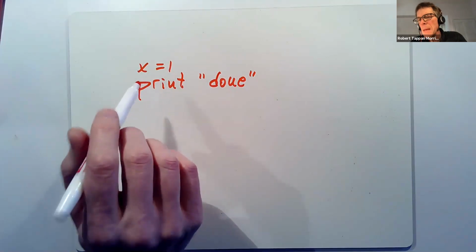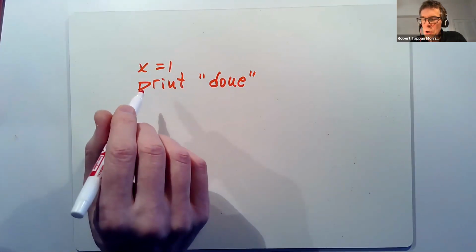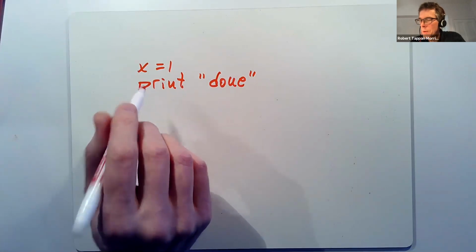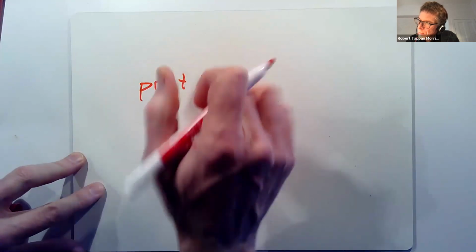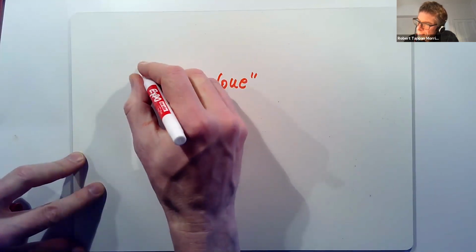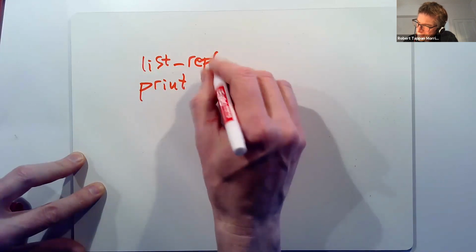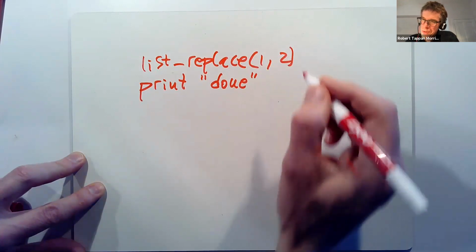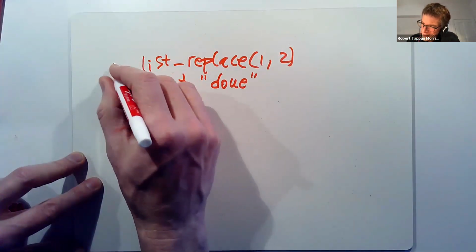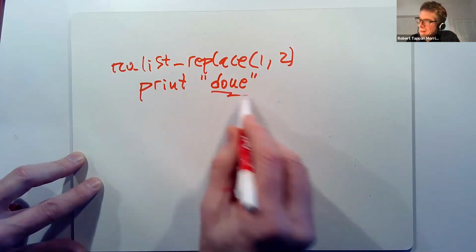That's maybe a bit of a surprise, right? Well, there's a sense in which RCU allows that to happen. If what we're really talking about is a list replace, say, find the element that has 1 in it and change it to 2 using RCU, and after that finishes we print, oh yeah, we're done.